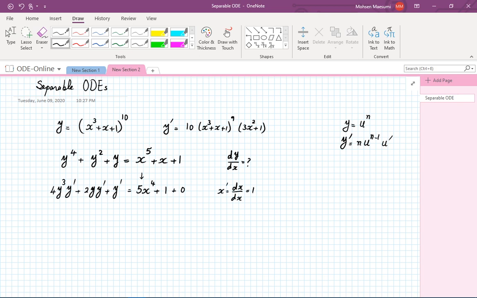At any rate, again, in implicit differentiation, when you are coming across this special case, on this side you can factor y prime easily. So y prime factors, we get 4y cubed plus 2y plus 1. On the other side we just have 5x^4 plus 1.